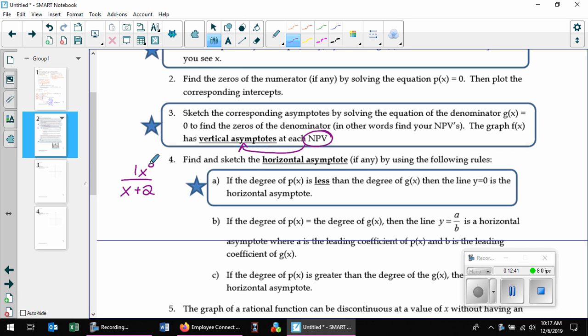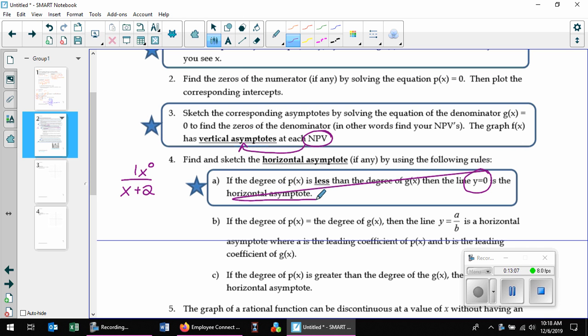Anything to the exponent 0 is 1. So the degree of the numerator is 0. And the degree of the denominator is 1 in this case. So if the degree of p of x, so p of x is my numerator, is less than the degree of q of x, then y equals 0 is always my horizontal asymptote.